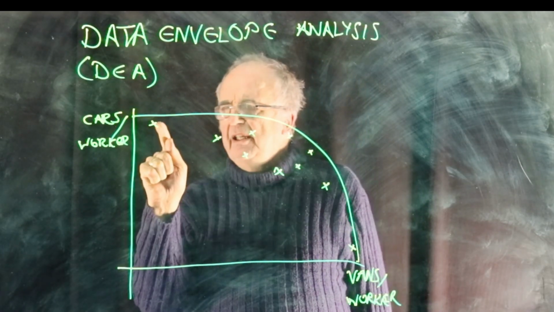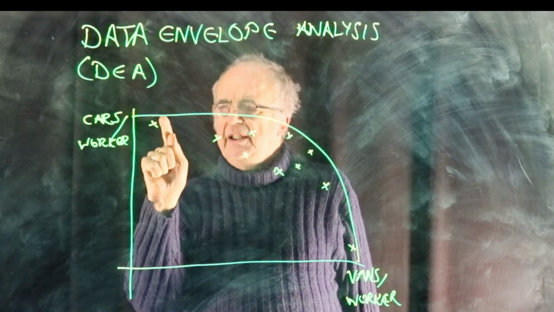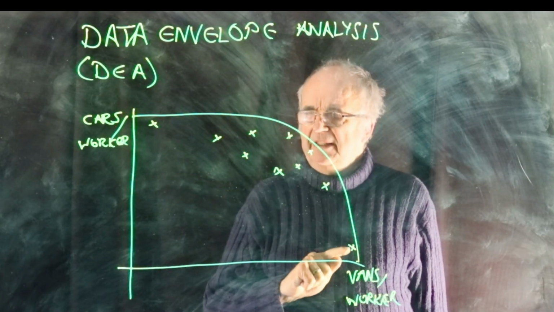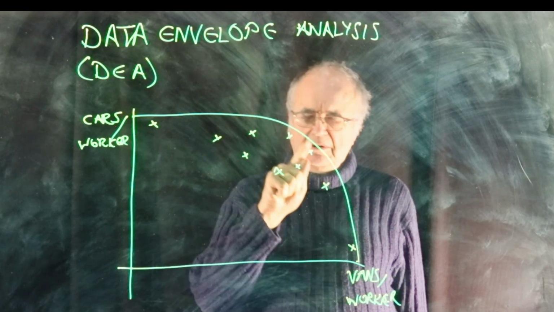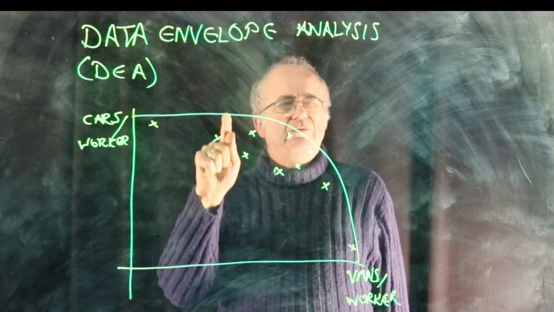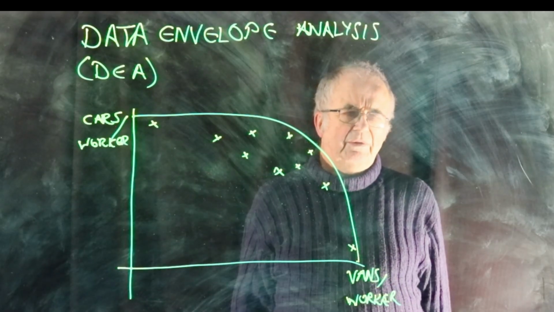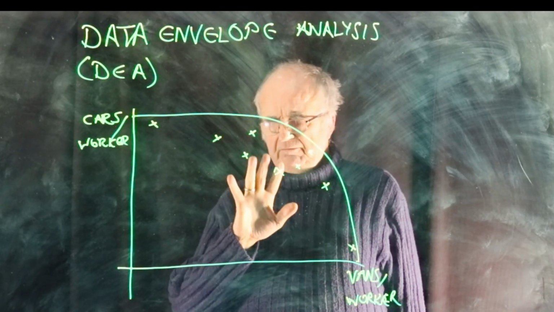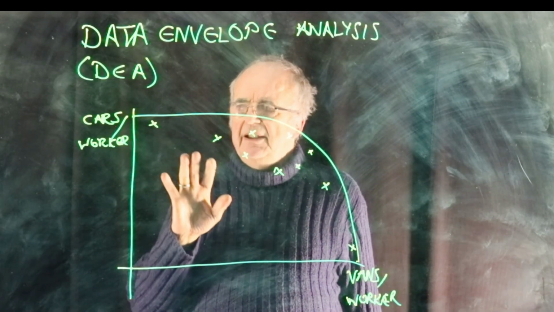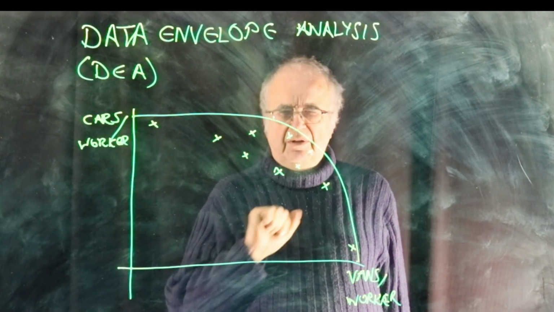We're not comparing a factory that produces only cars with a factory that produces only vans. We're comparing with the nearest, closest relevant point of comparison. And that's really all there is to the basic idea of data envelope analysis.